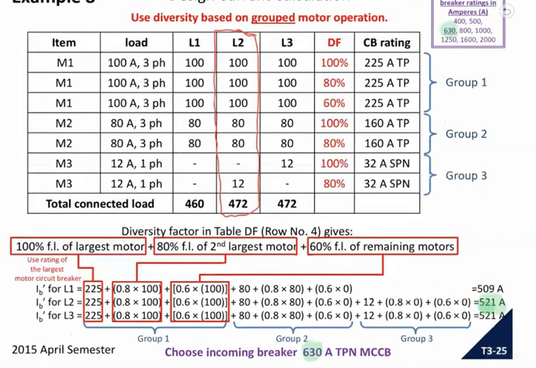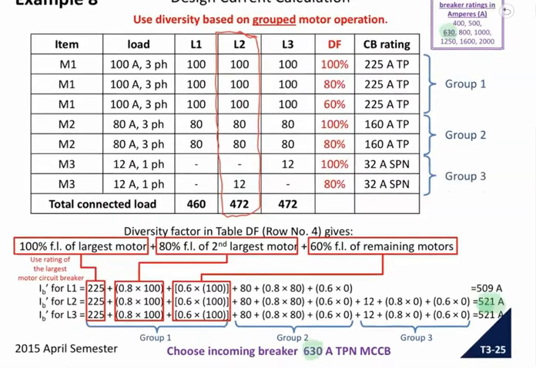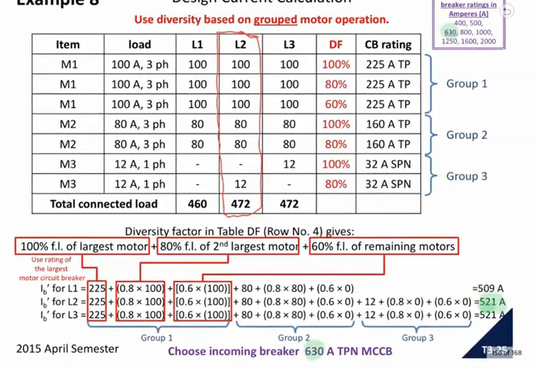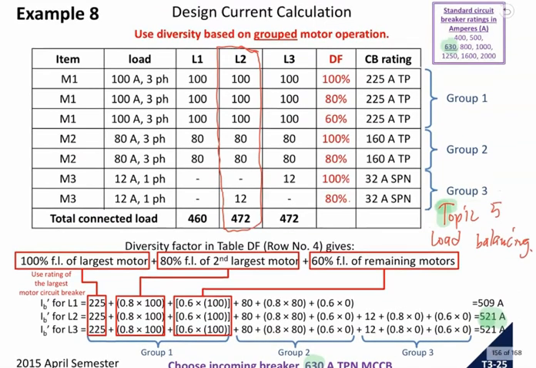So essentially, I am overlapping topic 5 with topic 3, because topic 5 is going to cover the idea of load balancing, which in the process of teaching about protective devices for a group of motors, we are also applying.